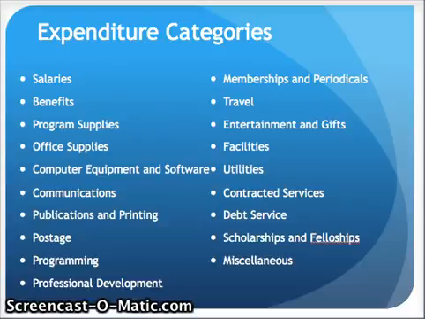And so we'll start with salaries. And with salaries, this is the largest expense. It's organized commonly by employee categories, so like faculty, exempt staff, non-exempt staff, technical staff, and or student staff if that is available on your campus.